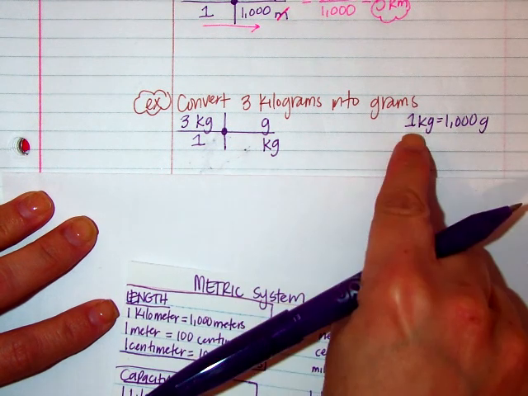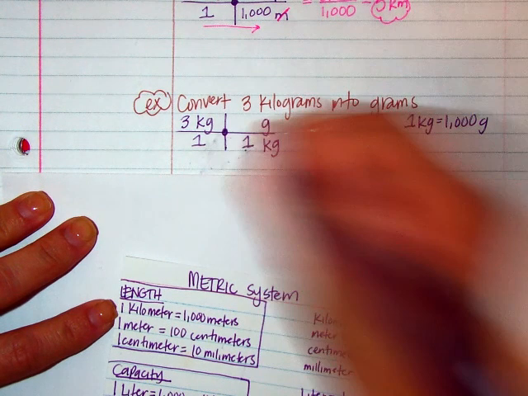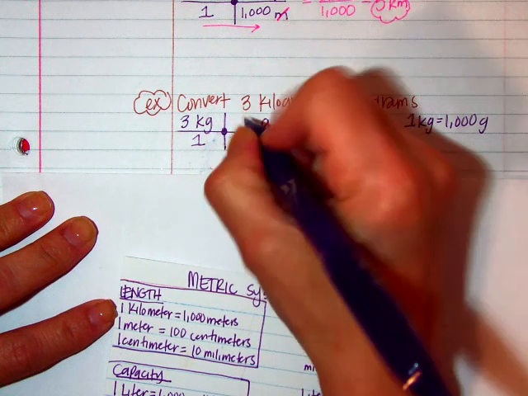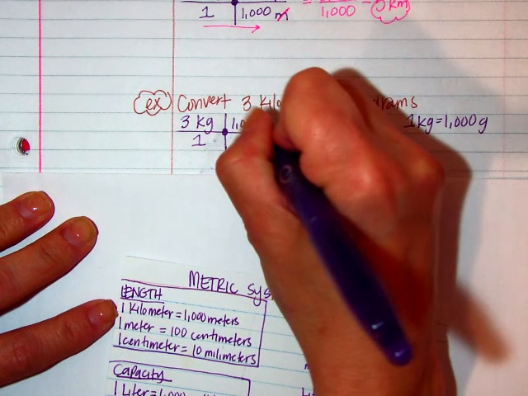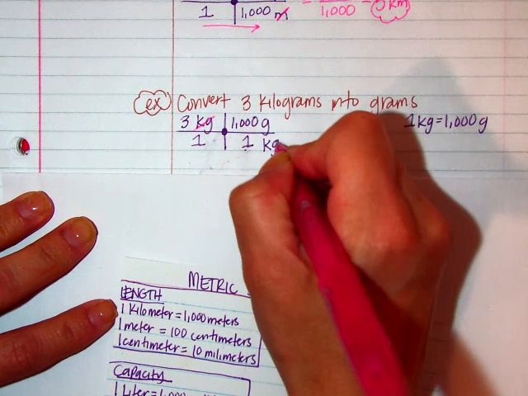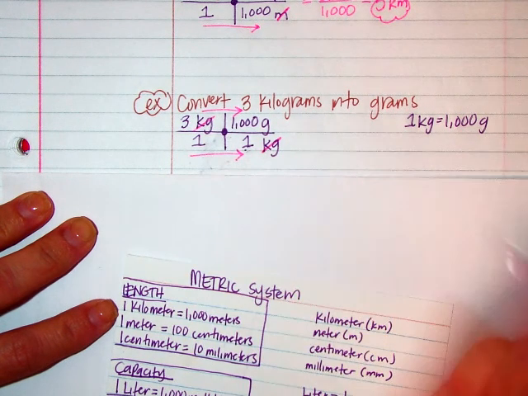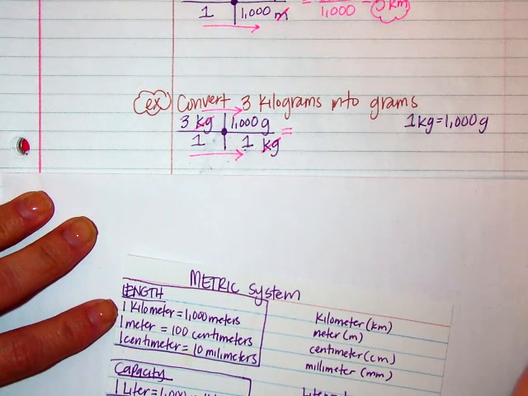So the number 1 goes with kilograms, kg, and the number 1,000 goes with grams. Now we can eliminate our kilograms, multiply straight through, and find our result. Okay? So if you need to pause to use your calculator, multiply, divide, and get a response.